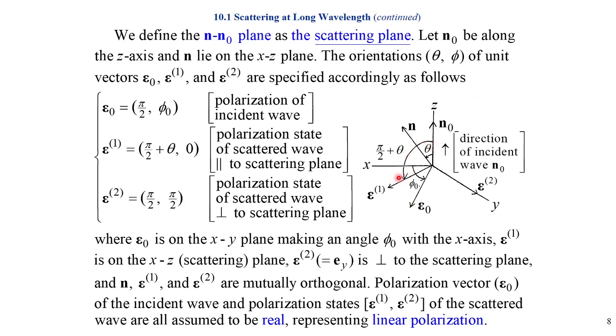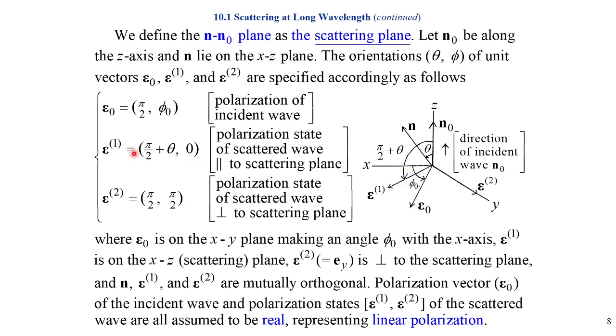So in this case, it could be in here, it could be here, but keep this in mind. The angle theta is pi over 2, and phi 0 is the polarization of the incident wave, which can be described by phi 0.